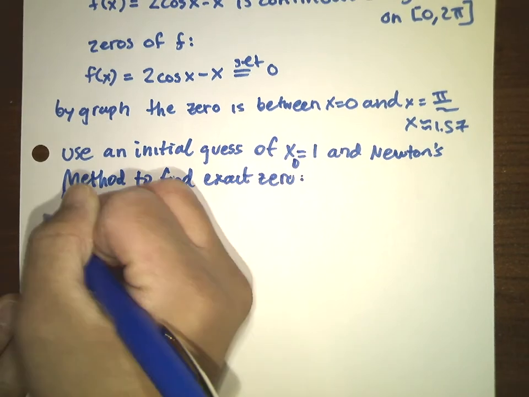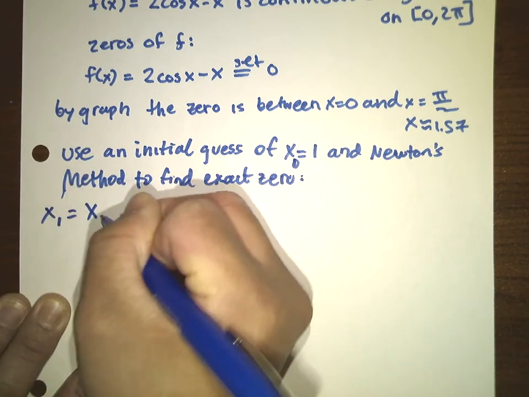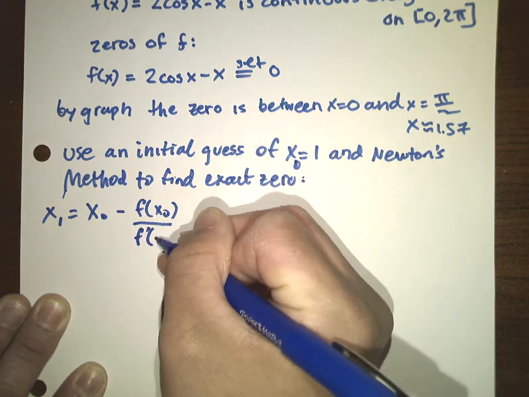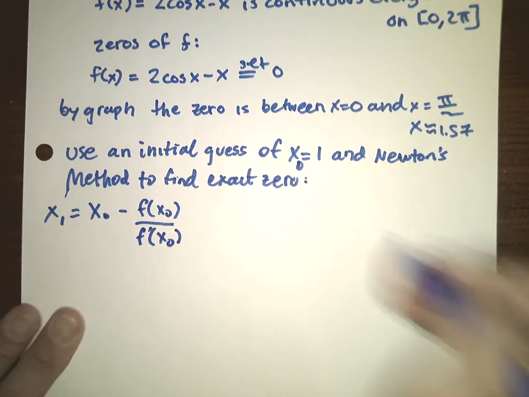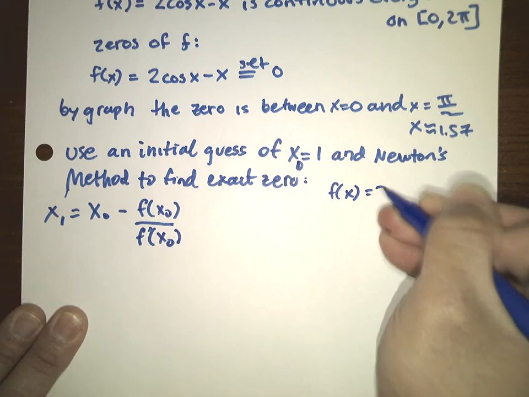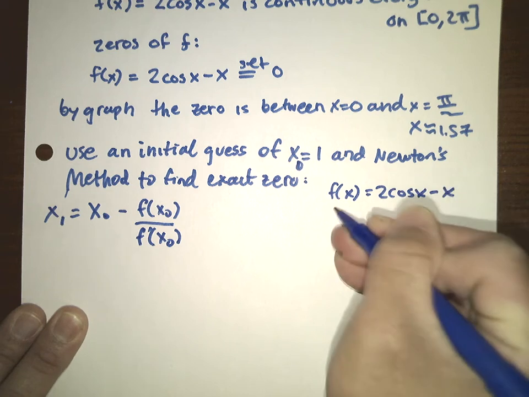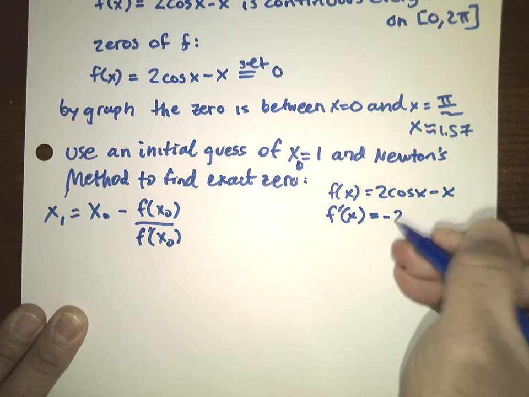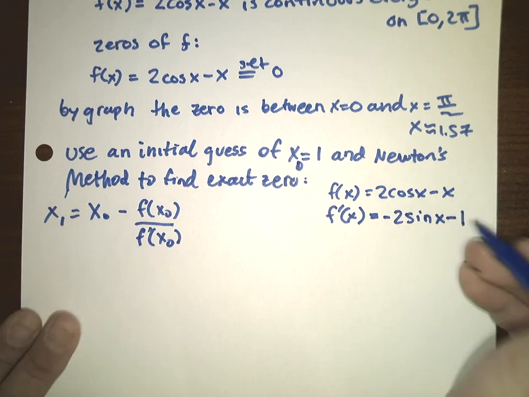So now x1 will be x0 minus f of x0 over f prime of x0. So f of x is 2 cosine of x minus x. F prime of x is negative 2 sine of x minus 1.